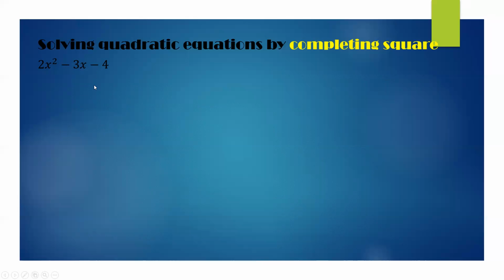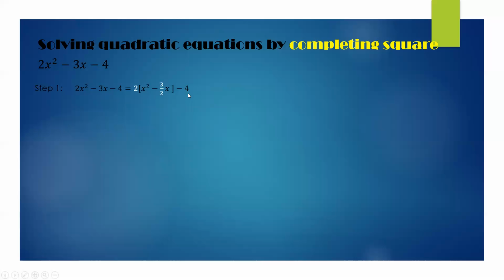You can see my steps. Step 1, you need to factorize the 2 out. So like that, you factor it out, then you get this, and then notice that this -3 originally becomes -3/2 because I factor the 2 out, so I need to divide it by 2. So that way, if I expand it, I get back this. Then the -4 I don't touch, I just put it at the back.